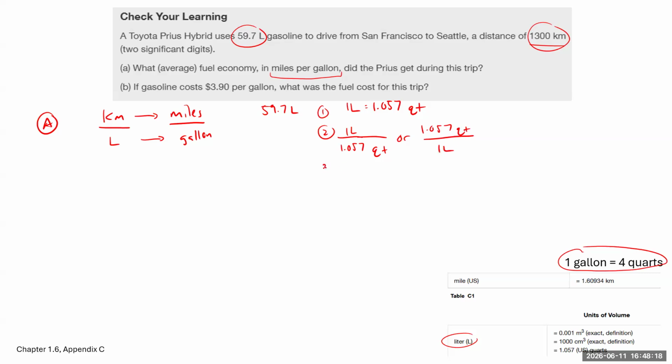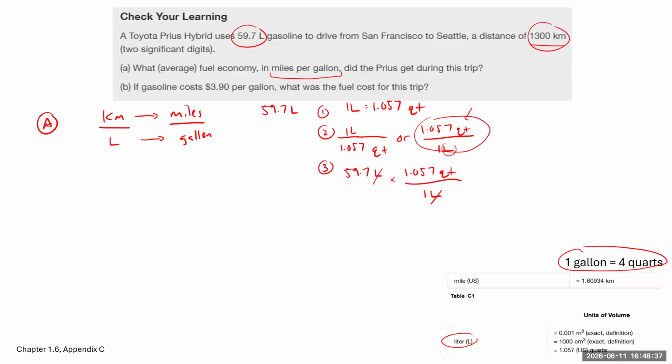All right, step three, we're going to change 59.7 liters. We have to use this one because liters is on the bottom: 1.057 quarts over 1 liter.